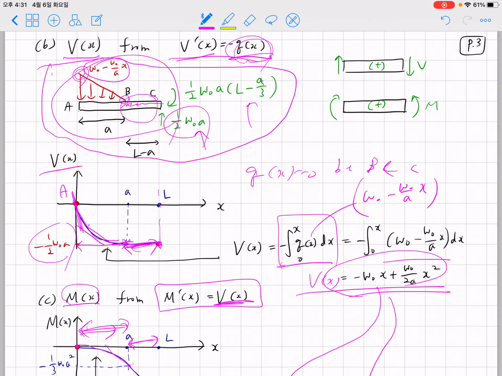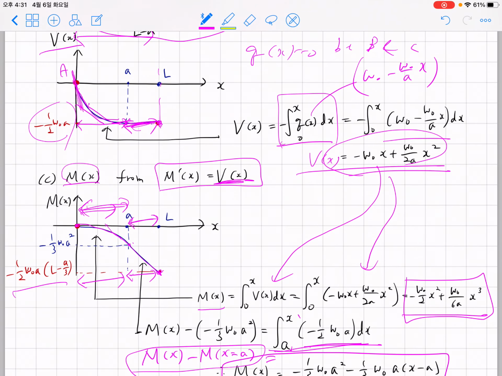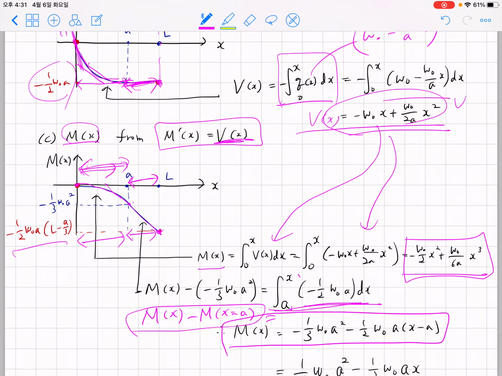So from A to C, V and M must be a continuous distribution without any discontinuity or jump. With that, we can obtain the analytical expression. And even if we are lazy and don't want to obtain the analytical expression, we can obtain a graphical distribution of M and V out of rules 1, 2, 3.